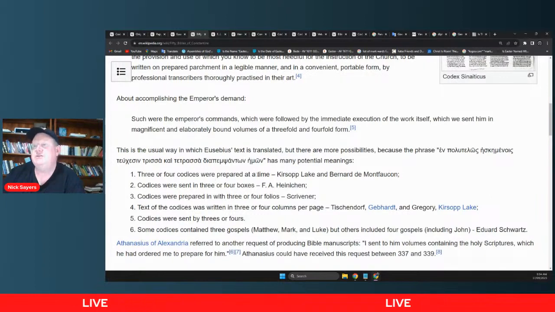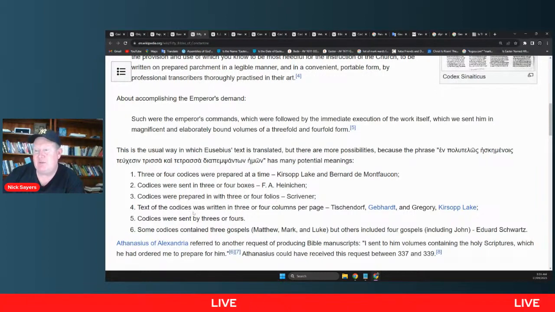3 or 4 codices were prepared at the time. So these are different people, Kirsopp Lake and Bernard de Montfaucon. Codices were sent in 3 or 4 boxes. That's Heinichen. Codices were prepared with 3 or 4 folios, Scrivener.